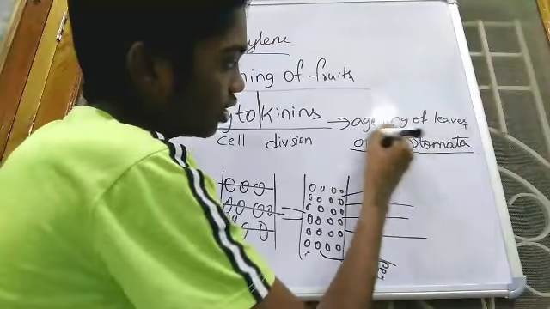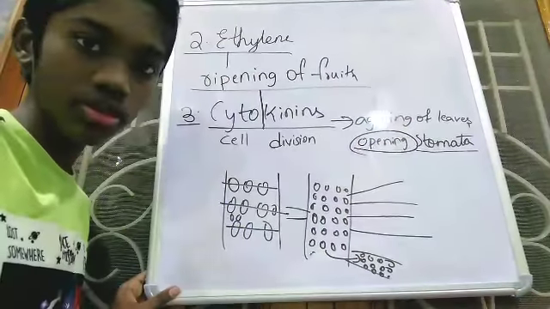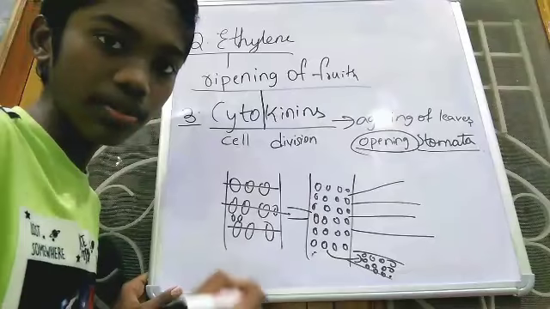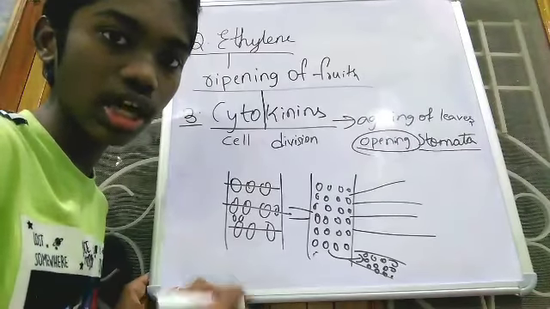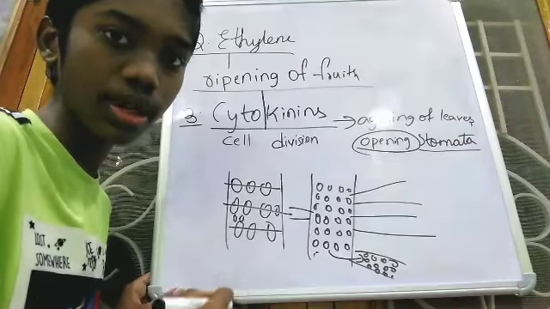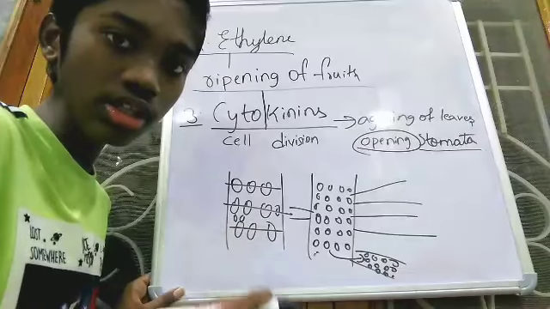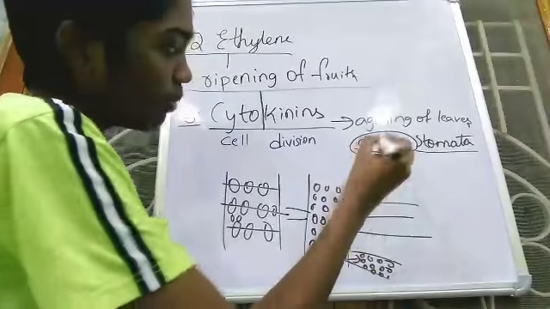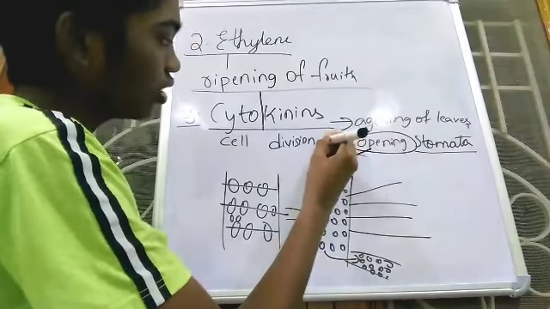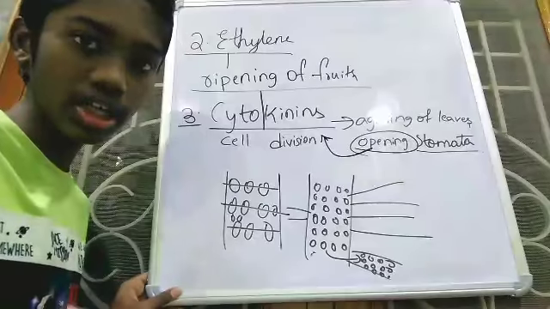What happens if there is opening of stomata? There are many benefits, such as processes like transpiration and evaporation take place if the stomata opens. How will the stomata be opened? With the help of the plant hormone cytokinins, the opening of stomata takes place.